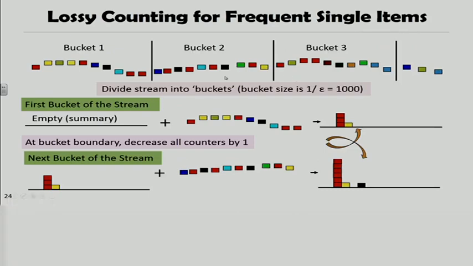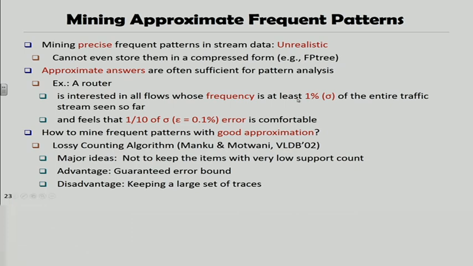Let's go back again. Now I treat this epsilon more seriously. That means you originally said, I want my error rate to be at most 0.1%. This looks like a pretty rigid requirement.